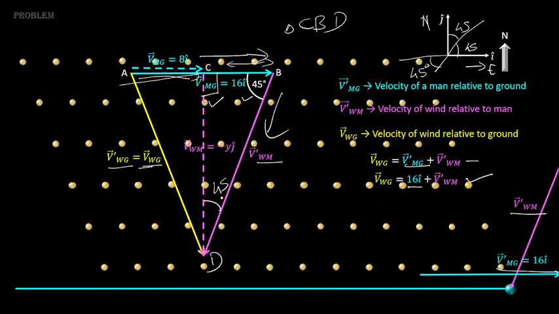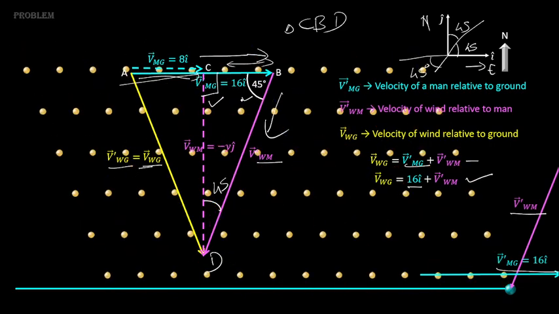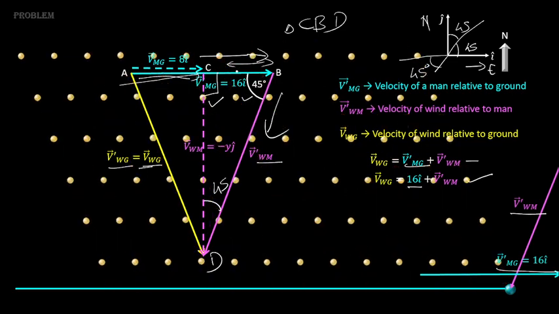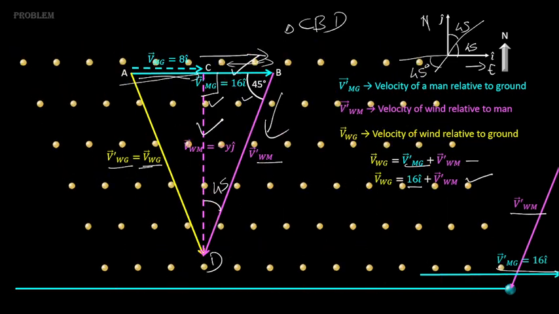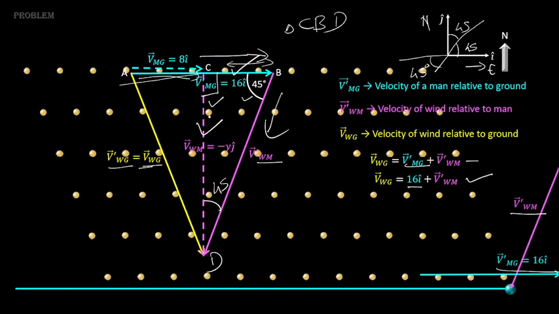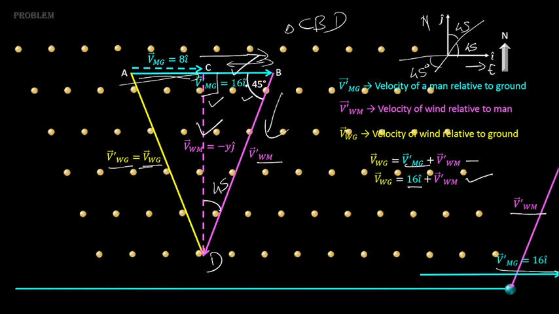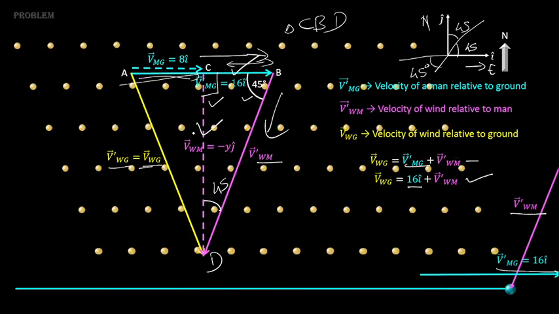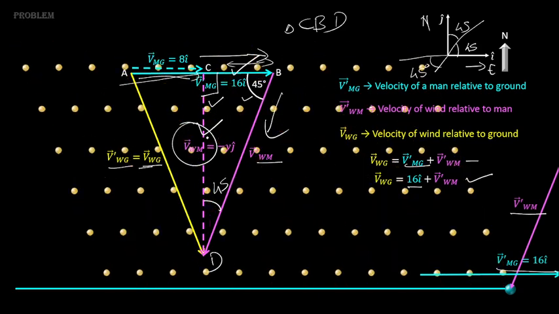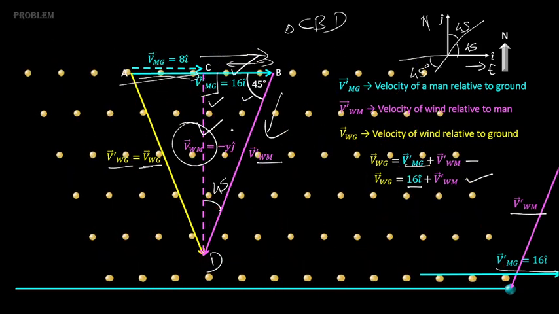So it is an isosceles triangle, and therefore the sides in front of 45 degree angles will be equal. So side BC and this side, which represents man's velocity in the previous case, these two sides are equal. So what does it mean? That the magnitude of man's velocity equals the wind velocity relative to man in the previous case.